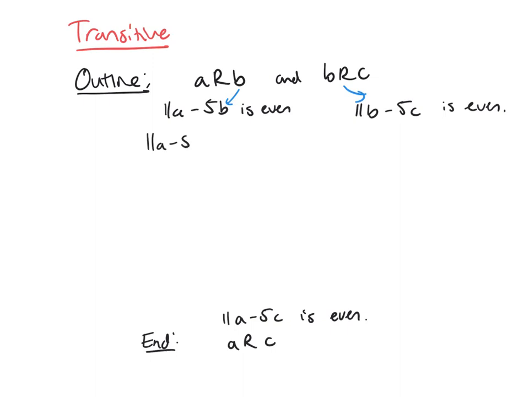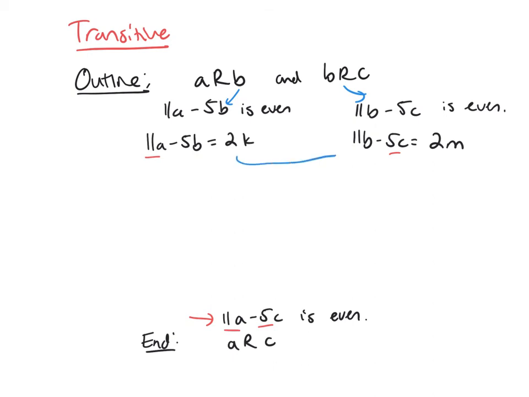So 11A minus 5B equals 2 times a number, so 2 times K. 11B minus 5C is 2 times M, another number. And right, what am I trying to get to? I'm trying to get down to here where I have 11A and I have 5C. If you notice in your equations, you have an 11A and a negative 5C. So maybe what we need to do is add the equations together.